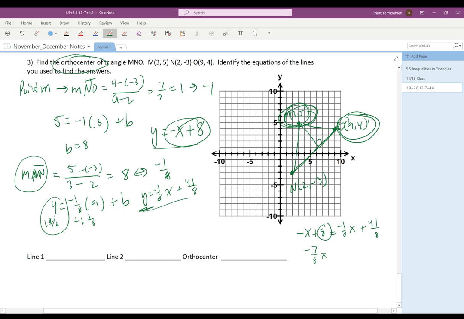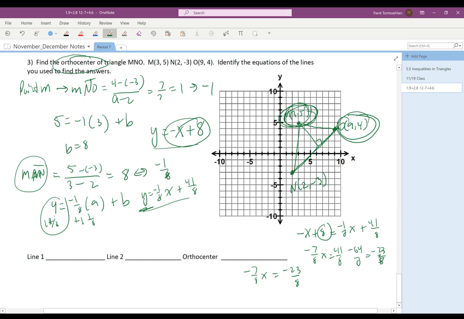Subtract the 8, and 8 is the same as 64 over 8. So you're going to do 41 minus 64 over 8, which equals -23 over 8. And so that gives us -7/8 x equals -23 over 8.